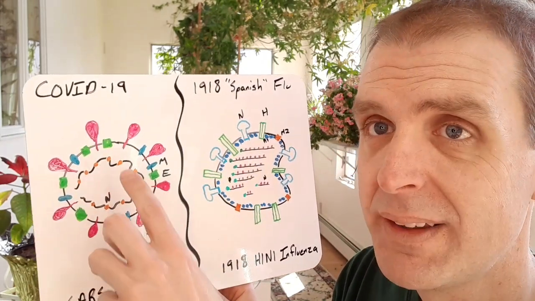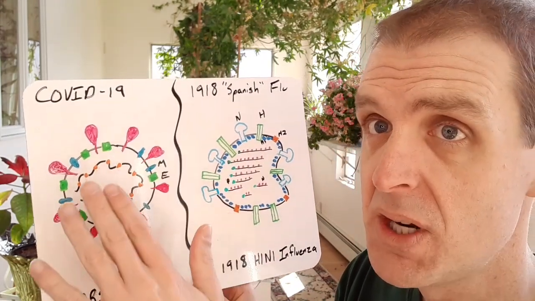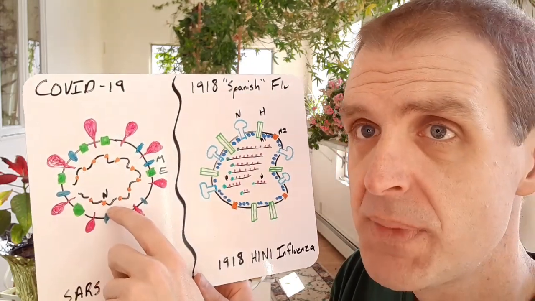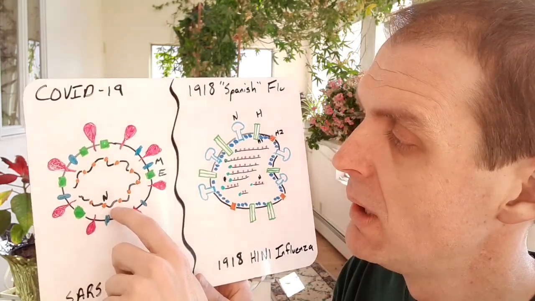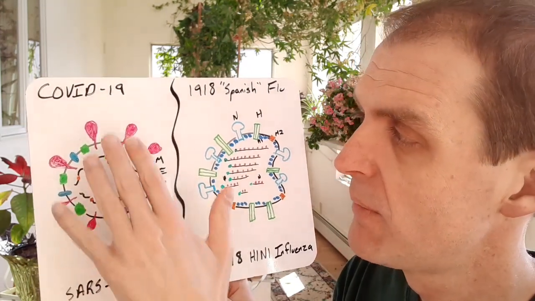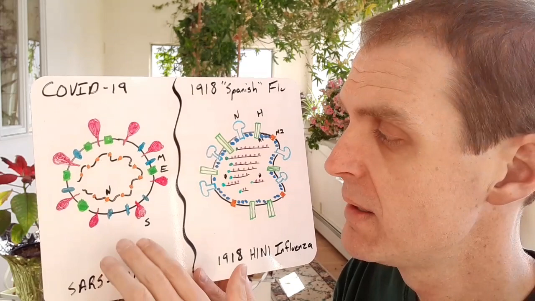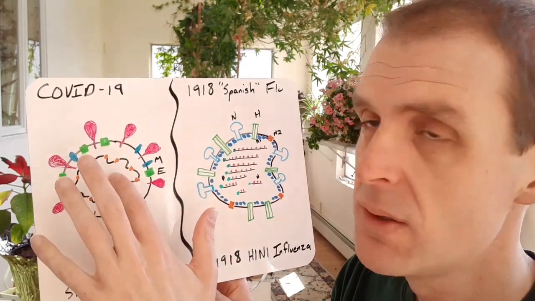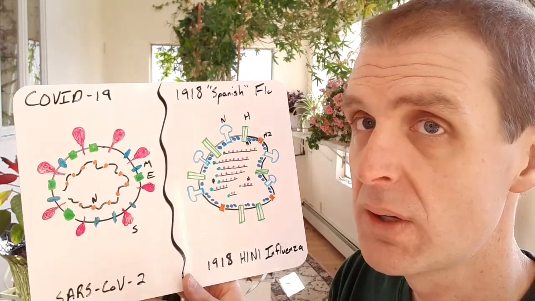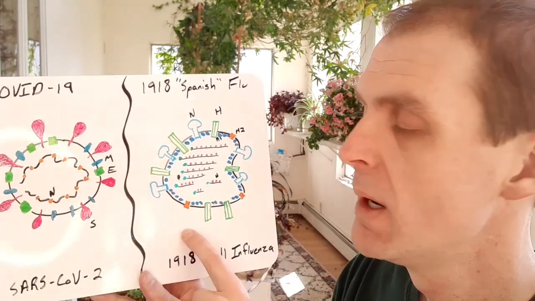There's a lot more N than that, but we wouldn't be able to see the genome if I covered it up. Anyway, that genome is going to be released when this virus fuses with the cell that it's infecting. This nucleocapsid and genome will be released, and you'll get virus replication started.